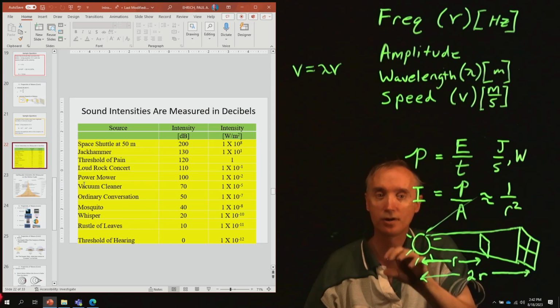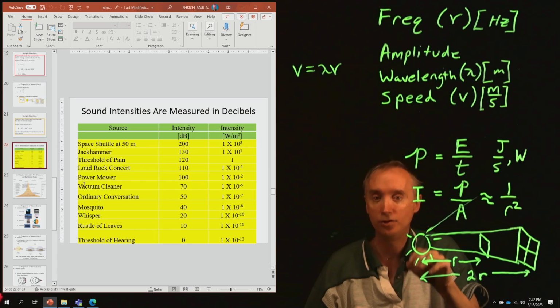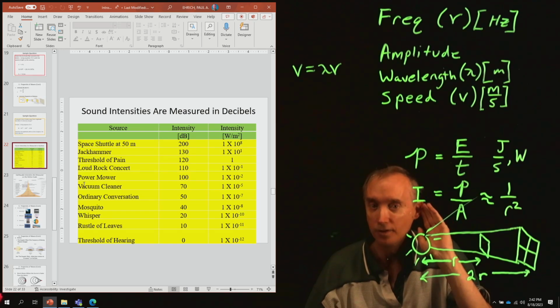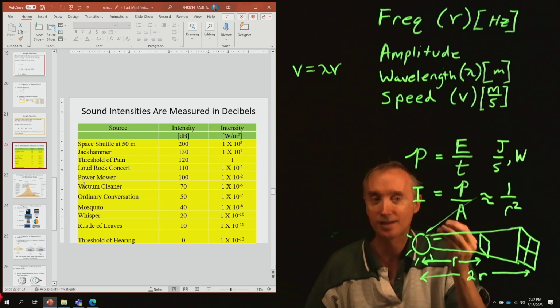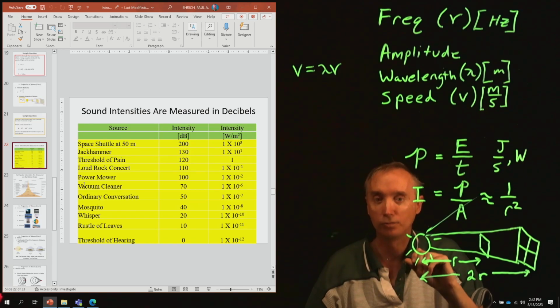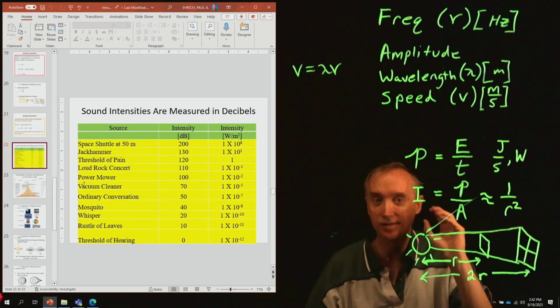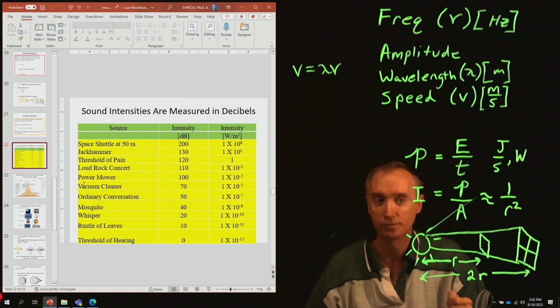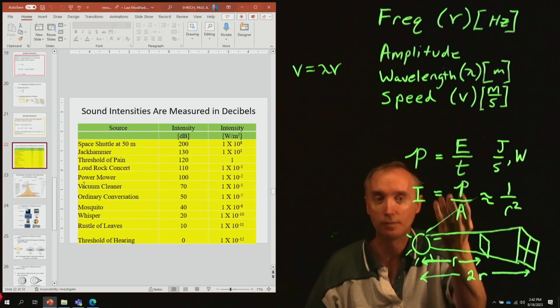This chart here shows that you can just barely hear a sound wave if it has a decibel level of 0. The rustle of leaves has a sound intensity of 10 decibels, and then it goes up from there.